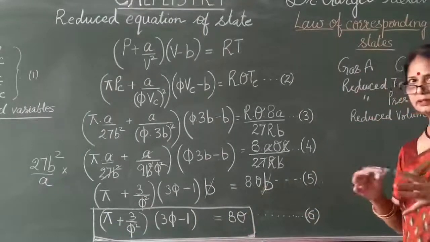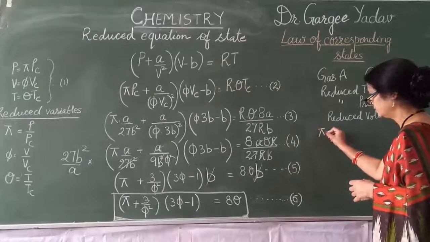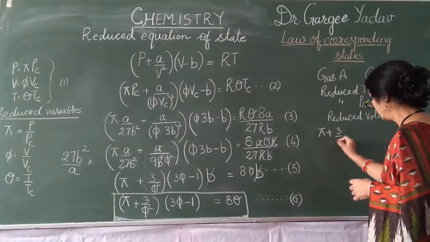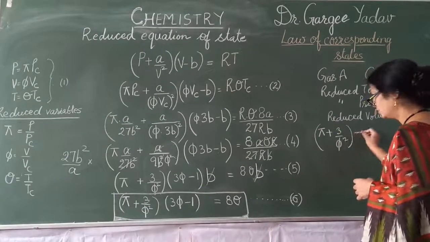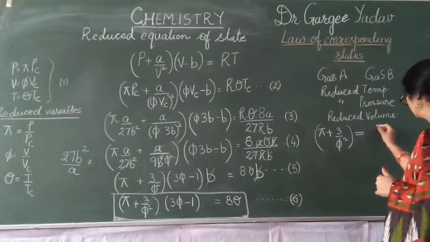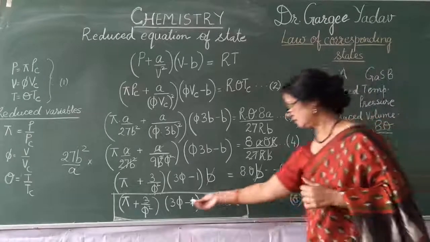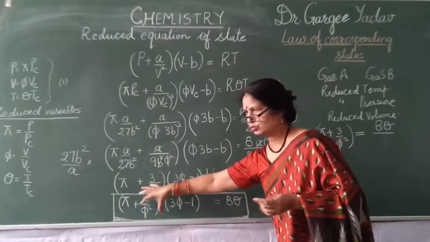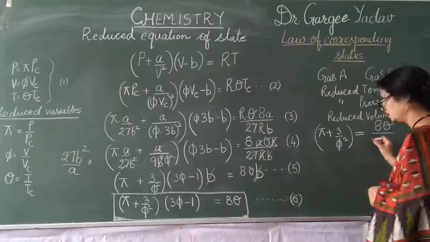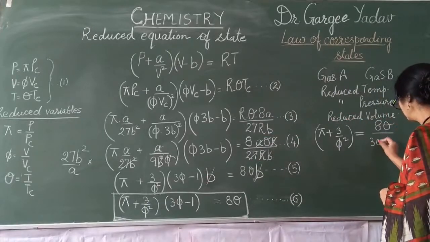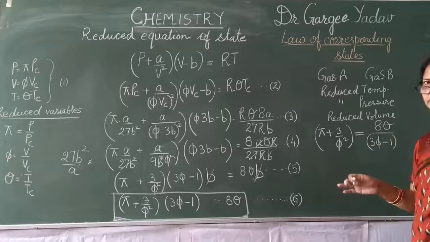So a little bit of rearrangement over there, and what we get, 5 plus 3 upon 5 square will be equal to how much? 8 theta divided by 3 5 minus 1. Since these two are factors, when we bring it over here, it will go in the denominator. So this comes out to be 3 5 minus 1. So let it be equation number 7.